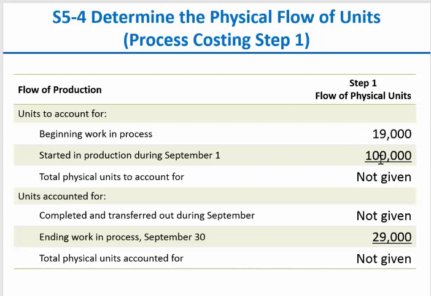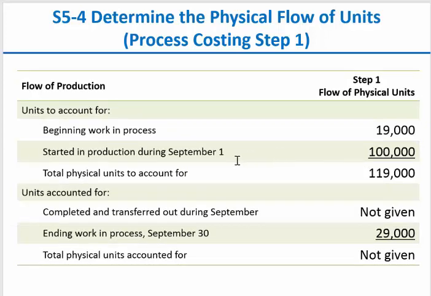When you add them, you should find the total physical units to account for. And if you look at the units accounted for, we only know one status: that we have 29,000 units in the ending inventory of work in process. The question does not say anything about completed and transferred out, but we will find that out later.